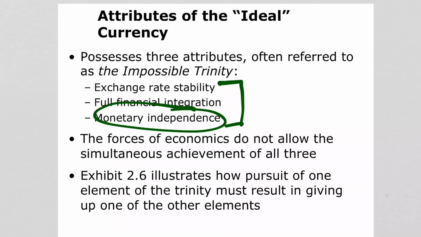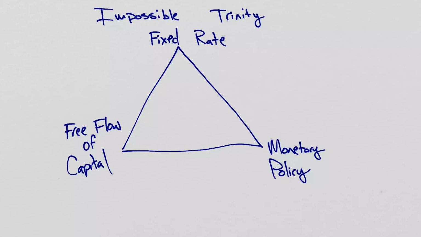You want it to be able to take actions that it needs to support the economy. But having all three of these at once is actually quite impossible. Check out the handout on iLearn for a more detailed discussion of this, but the basic idea is this.